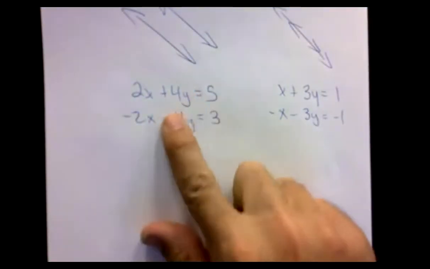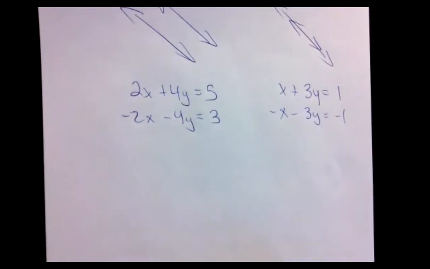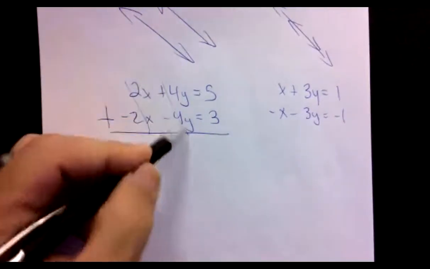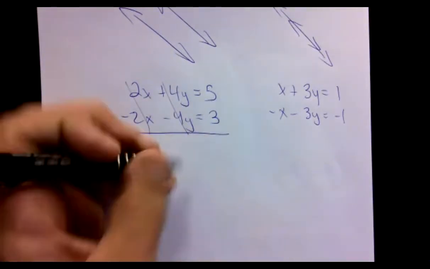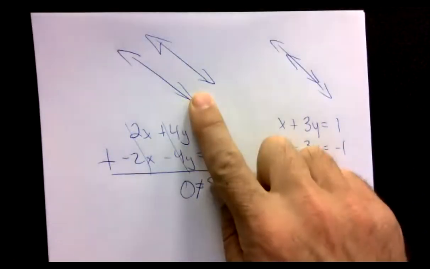Now, they're usually not going to start out like this, but usually you're going to have to multiply to get your opposites. But really quickly, if you're going to solve and you go to add your equations and both your x and your y drop out, cancel, end up being opposites, but your constants do not, that's going to give you something along the lines of 0 equals 8, which is obviously not true and is therefore an inconsistent system.